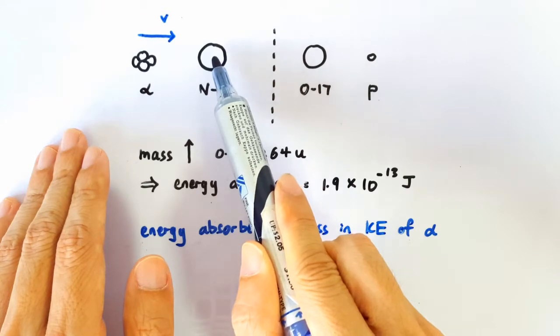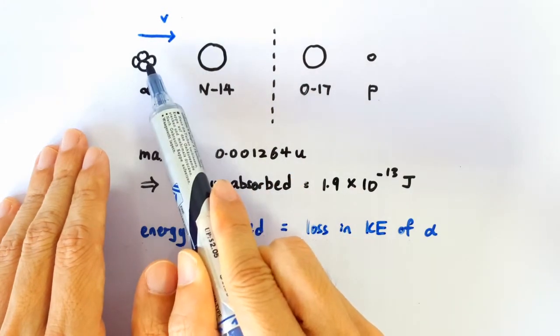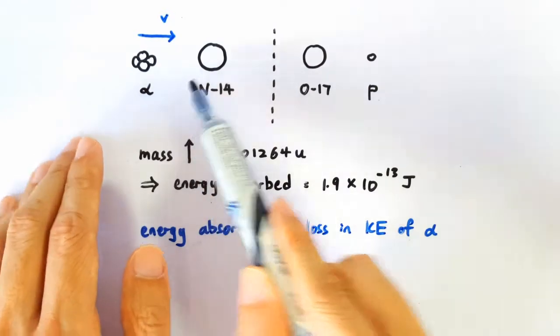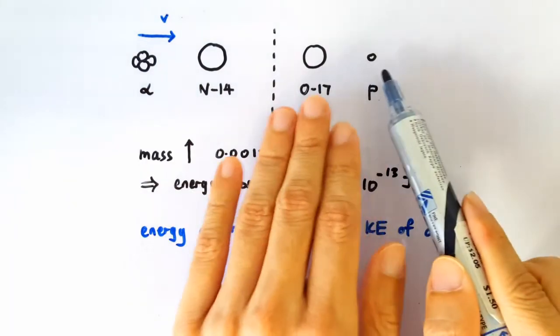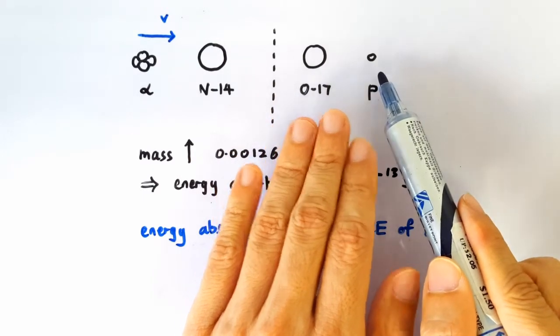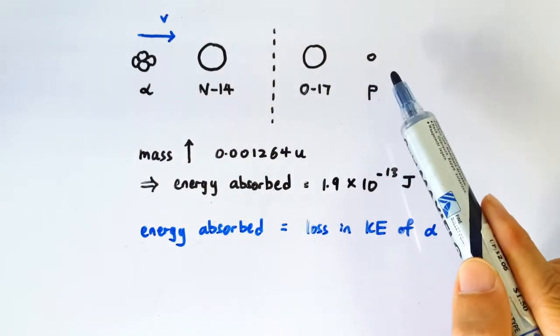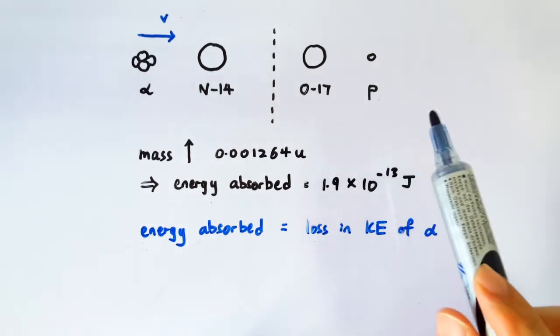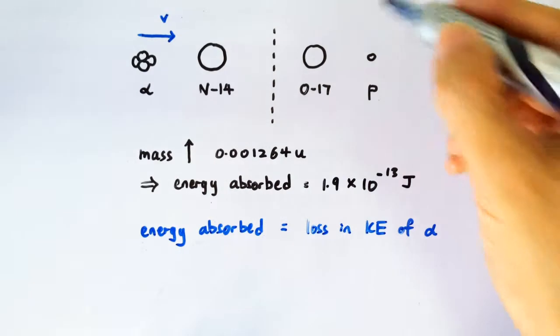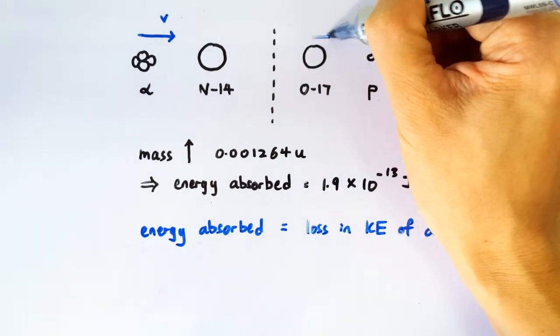This guy was stationary, but this guy was moving. So we had a total momentum which was not zero. After the reaction, they cannot both be at rest, because that would imply a total momentum of zero, and that would violate the principle of conservation of momentum. So in order to conserve momentum, at least one of them has got to be moving.